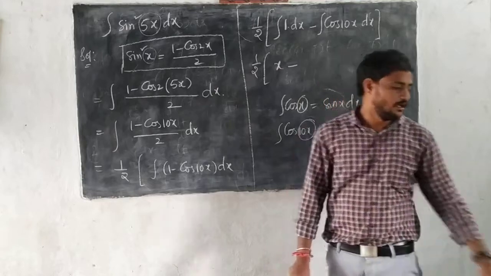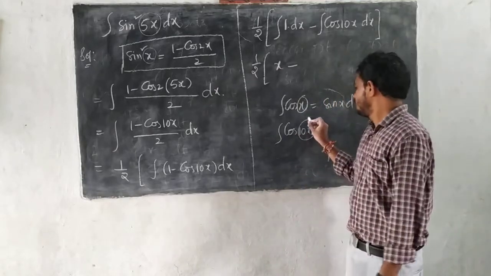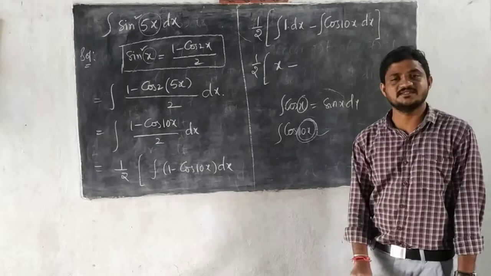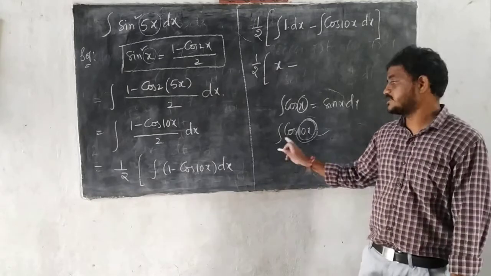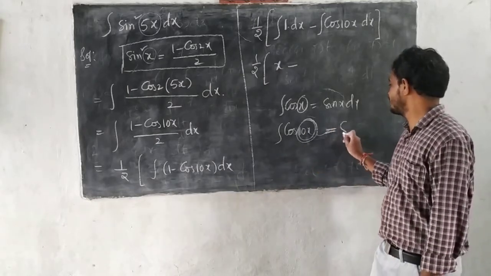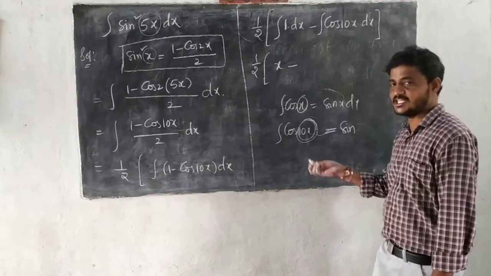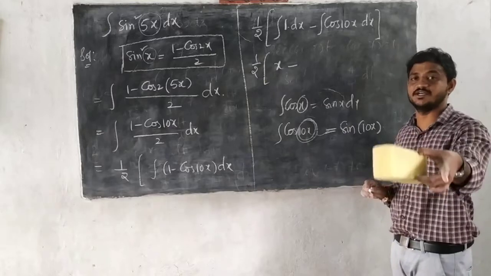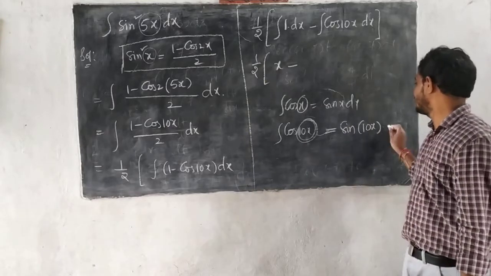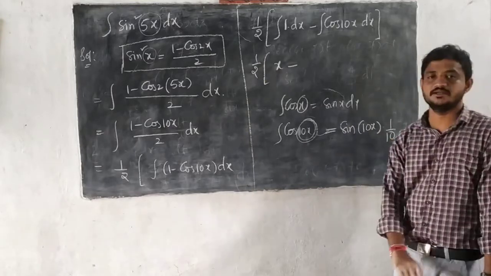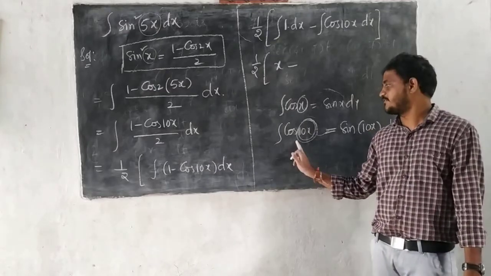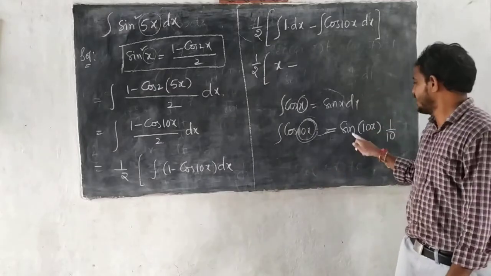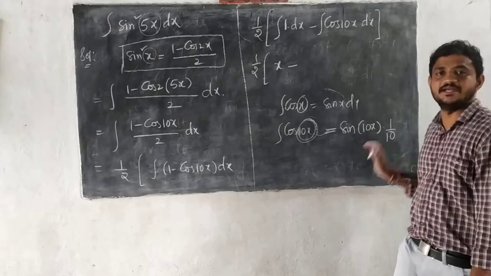How? We have to consider this 10x as x. So integration of cos x, what is integration of cos x? You will get sin x, where x means 10x. Then we have to write the x coefficient. What is the x coefficient? 10. So write 1 by 10. The integration of cos 10x is sin 10x into 1 by 10.